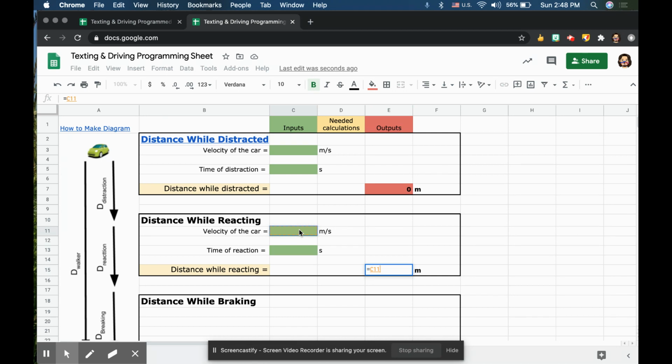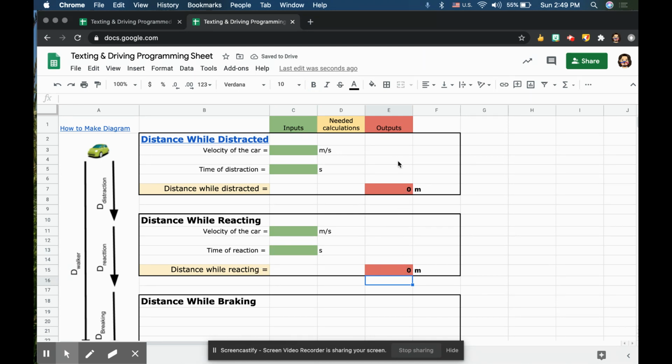And then shift 8 will give me my asterisk, which is for multiplication. And then C13, which is my time. So I'm going to multiply those two cells together, and that will give me my distance while reacting.